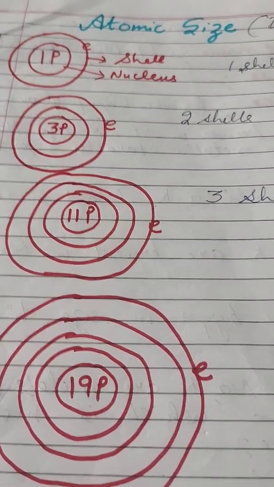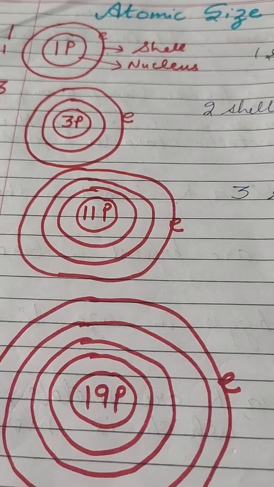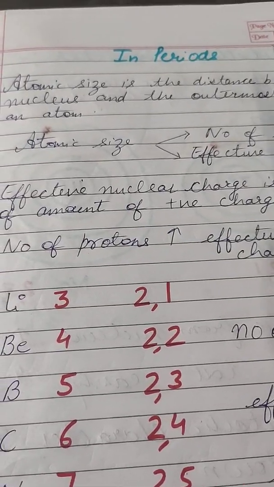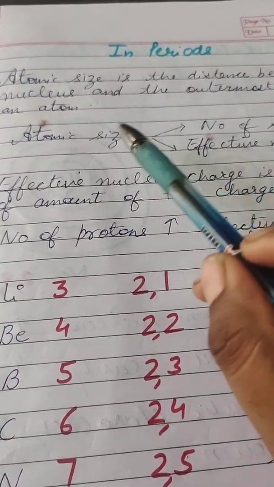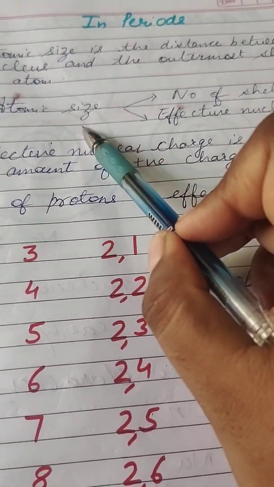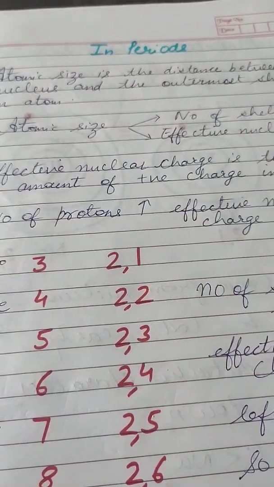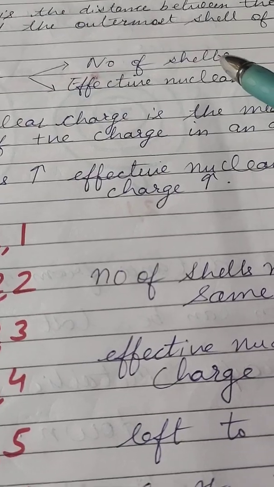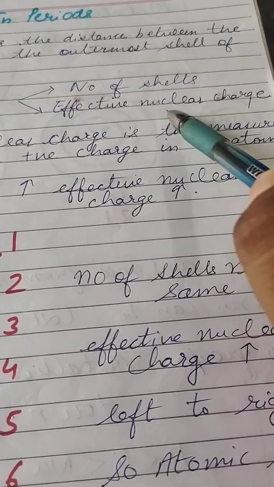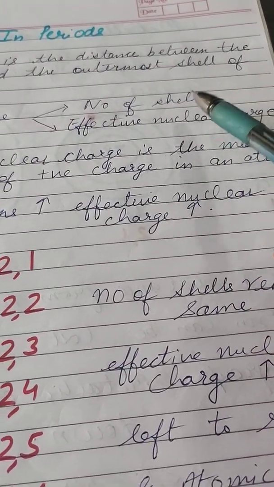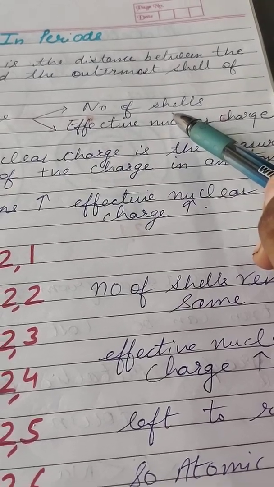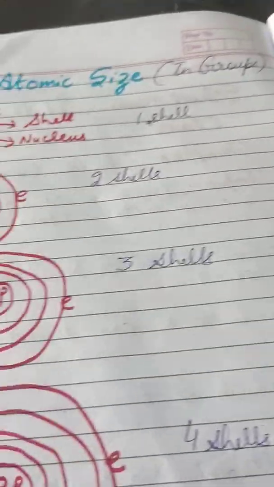Now let us see what happens in periods. In periods, atomic size actually depends upon two factors, that is number of shells and effective nuclear charge. This first factor, number of shells, you have already seen in case of groups.